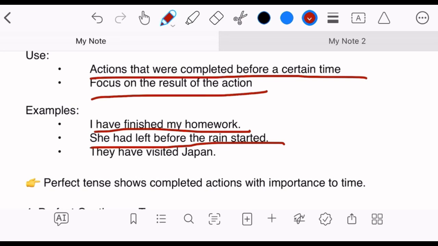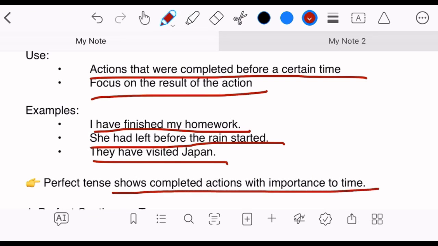Okay, next is the third sentence. They have visited Japan. This sentence shows a past experience without saying exactly when it happened. Okay, and the perfect tense shows completed actions with importance to time.